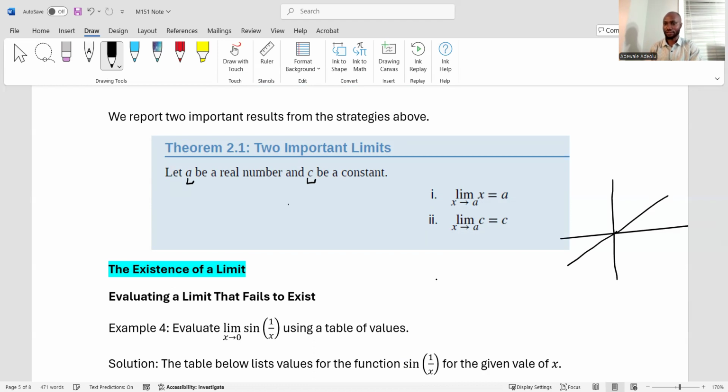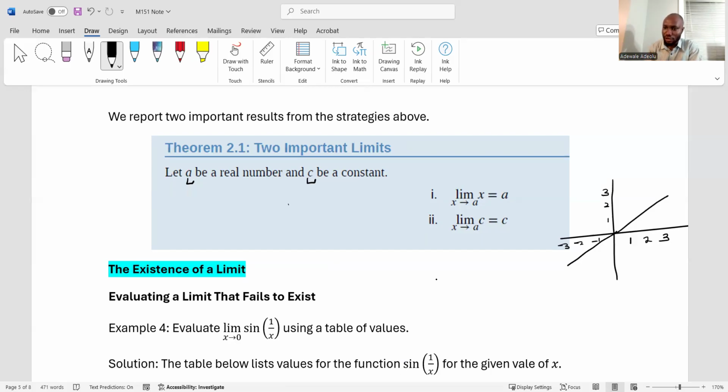A linear function. So if this is 1, this is 2, this is 3, this is -1, -2, -3, and so on. For a linear function, when x is 1, y is 1. When x is 2, y is 2. When x is 3, y is 3, and so on.